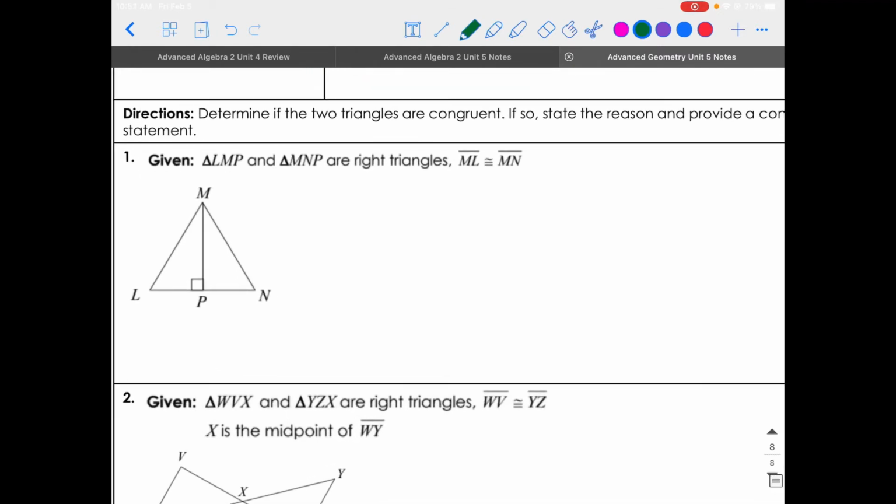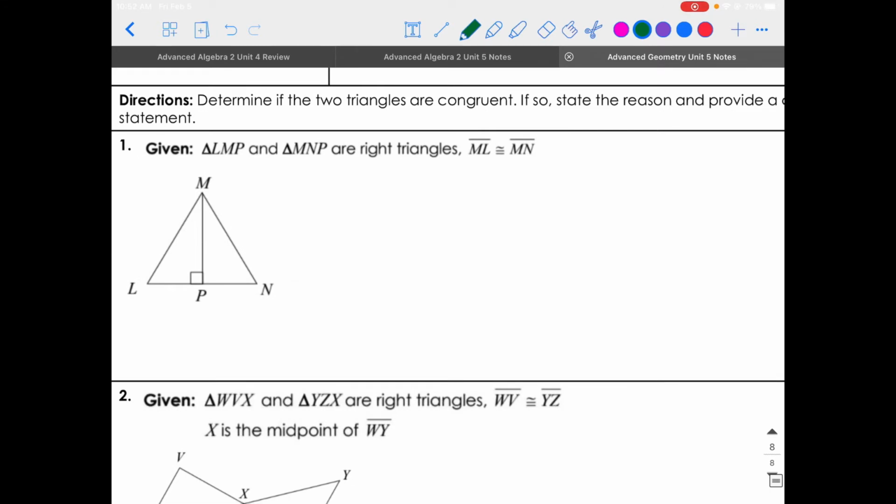So we know that triangle LMP and MNP are right triangles. And it tells us that ML is congruent to MN. But since they share this side, I know that those sides are also congruent. So this would be an example of HL because there's my H, and then this one would be my leg.